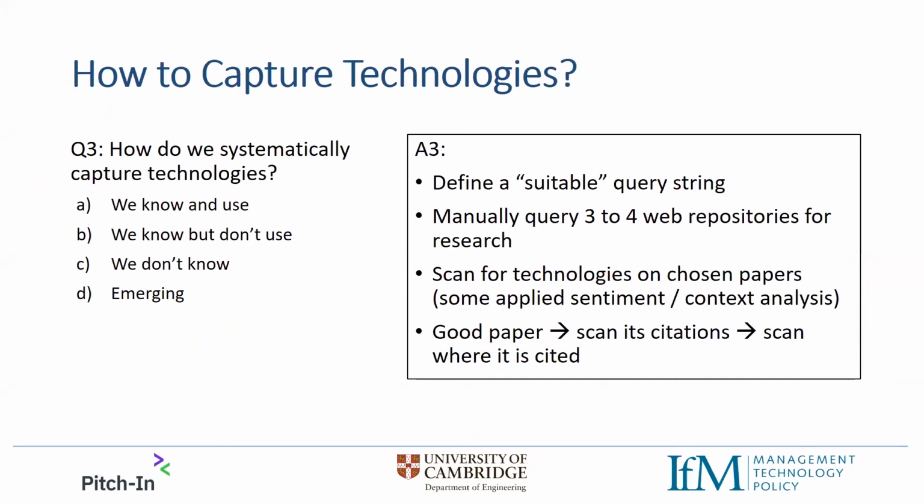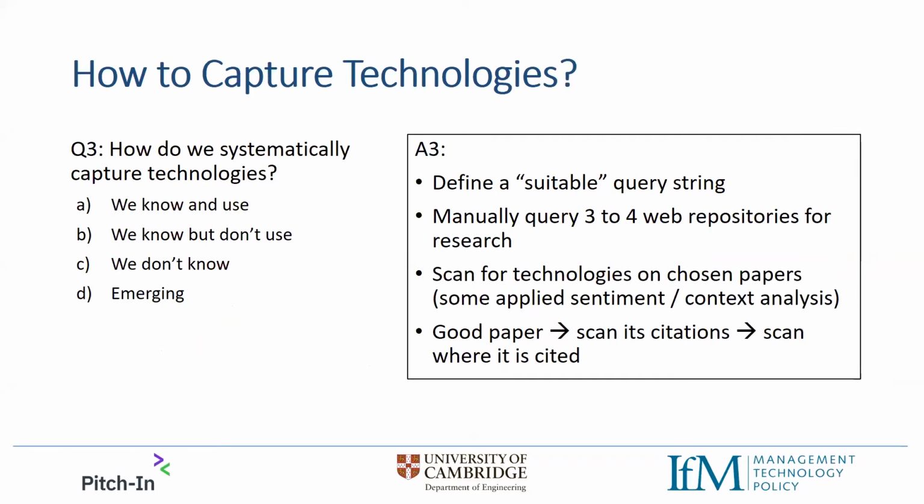And obviously, there's another question regarding how you capture these technologies, and is there any systematic way of doing this? So we are looking at technologies that we know and we use, but we are also looking at those that we know but we don't use, and the ones that we don't know. And most important are the emerging technologies. There are different approaches out there.